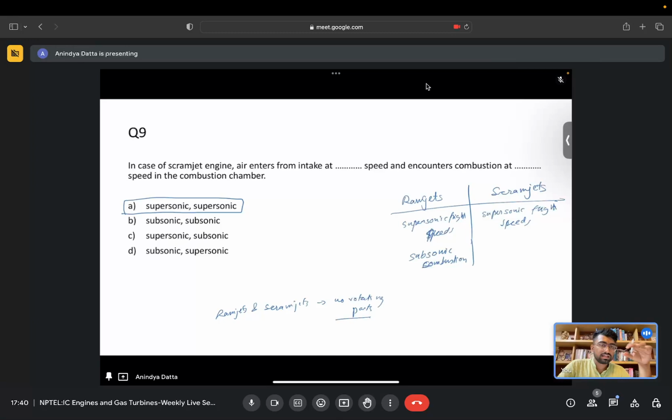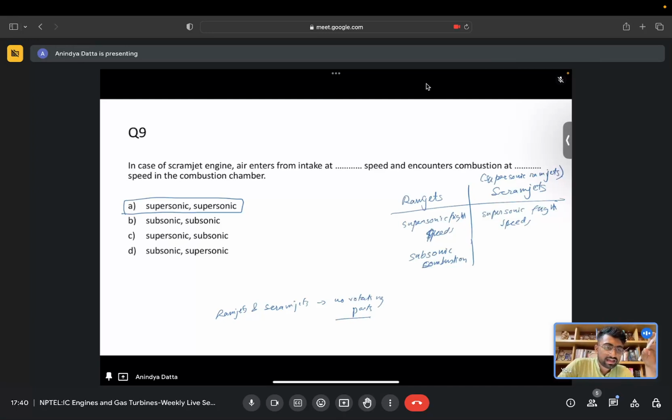But in the scramjet, which is also sometimes known as the supersonic ramjet, the flight speed is higher than in ramjets, and can go to hypersonic flight speeds.